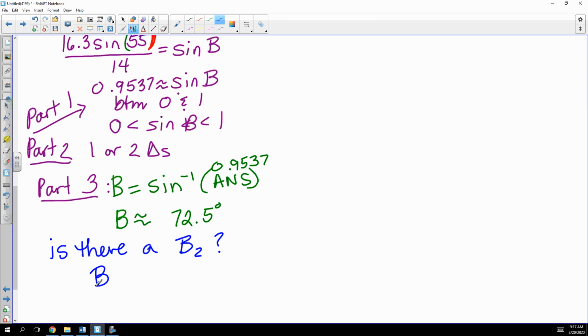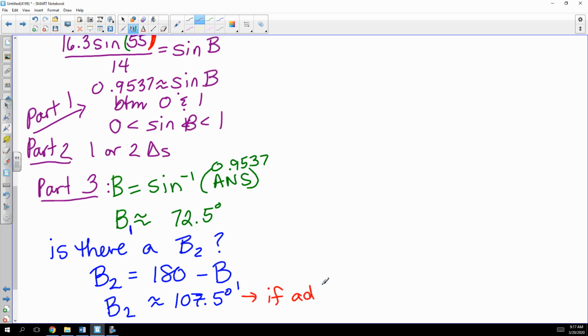If so, then B sub 2 is equal to 180 minus B sub 1, which would be this angle up here, the 72.5. So you would do 180 minus the answer, and you would get B sub 2 is approximately 107.5 degrees, okay? And what you want to do is add this to the original angle A, 55 degrees.